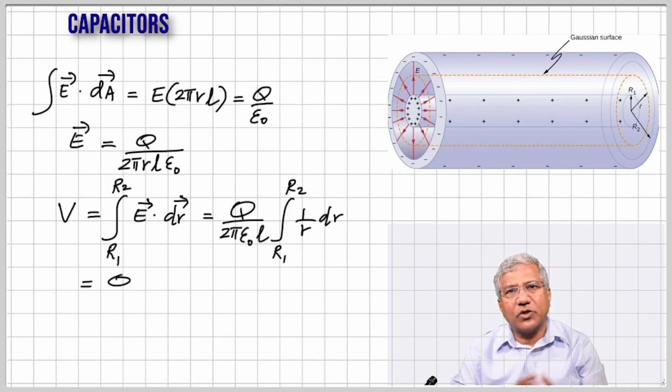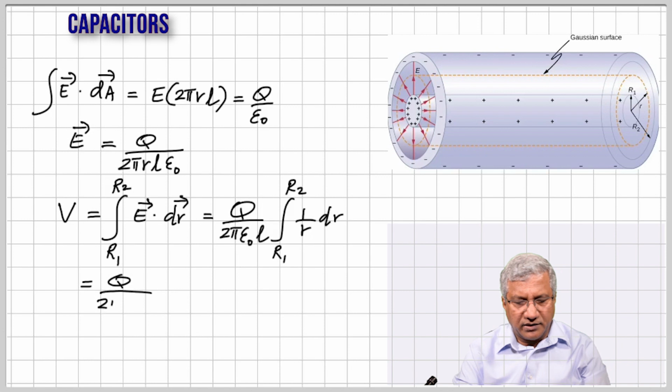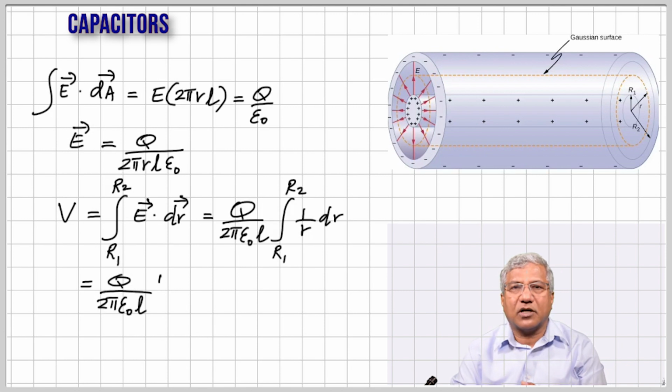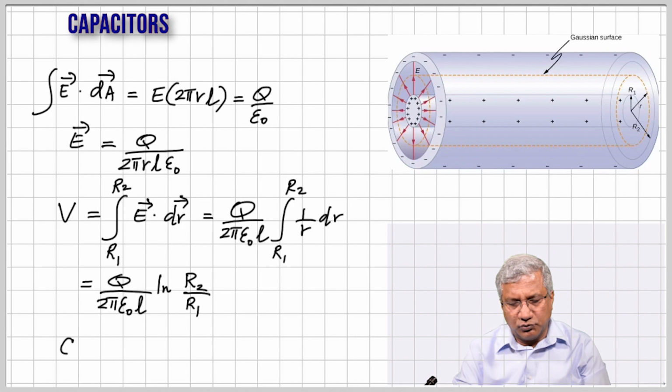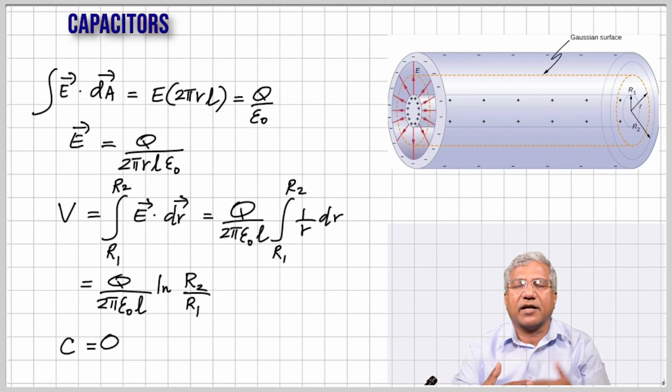What is integral 1 by r dr? It is the natural log of r. Yes. Integral 1 by x dx is natural log of x. So that's why in the next step, you have those constants, and then you have natural log of R2 by R1, which is what you get after you substitute the limits.